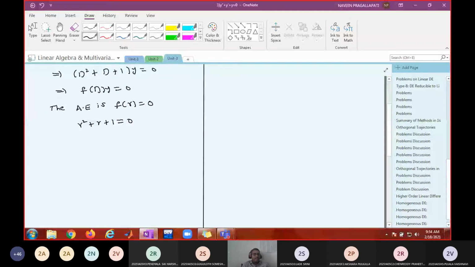Use the discriminant formula: minus b plus or minus root of b square minus 4ac, that is 1 square minus 4 into 1 into 1, by 2a, that is 2 into 1. So r equal to what? Minus 1 by 2 plus or minus i root 3 by 2. Do you agree?